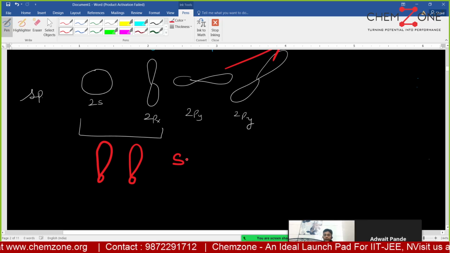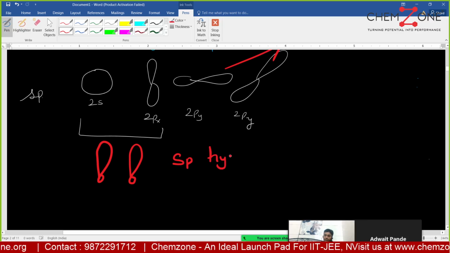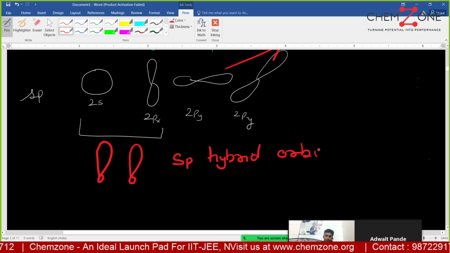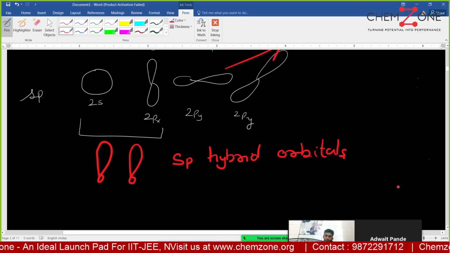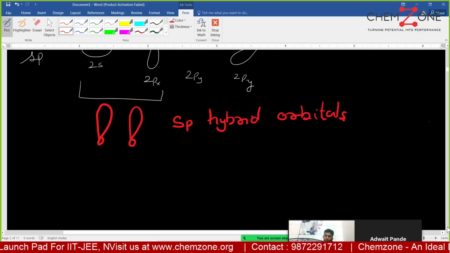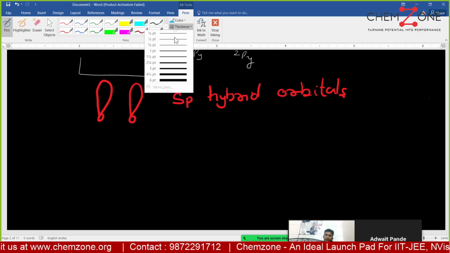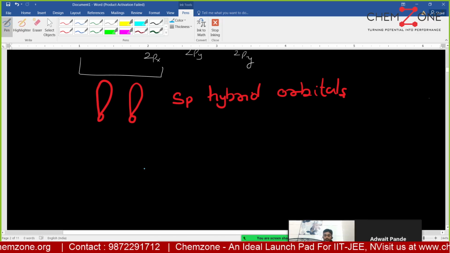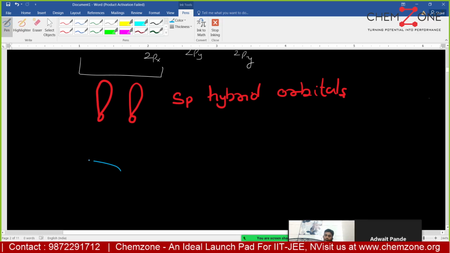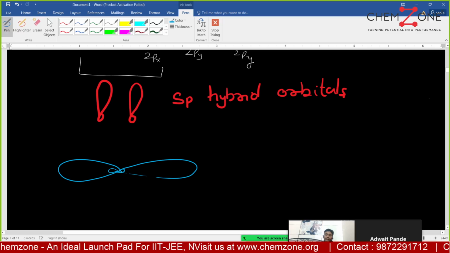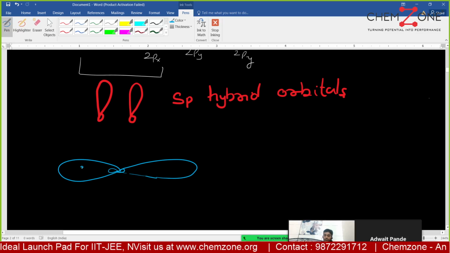We call this an sp hybridized orbital. Okay, sp hybrid orbitals. And these hybrid orbitals align themselves according to VSEPR theory at 180 degrees as far as possible.